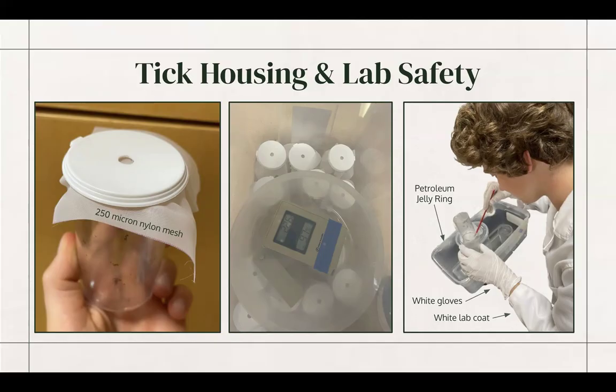Then they go in an airtight Tupperware container where the humidity is maintained with the potassium sulfate. Then, when I work with them, I wear a white lab coat, white gloves, and work in a contained unit that has a petroleum jelly ring because ticks can't cross petroleum jelly. It's just too thick. And that red thing I'm holding is a paintbrush because it's really hard to move them. They're very small, so I use a paintbrush for that.